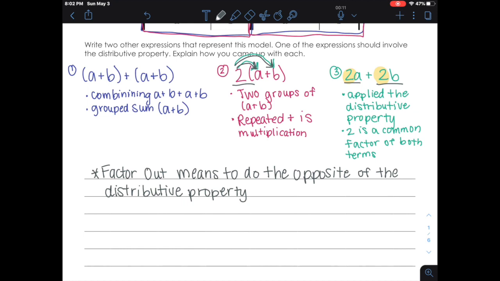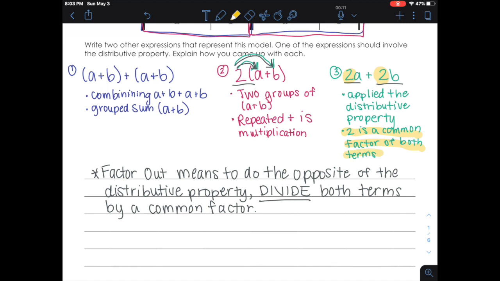So I get 2a and 2b. Okay, but for factoring something out, instead of multiplying, you're going to be dividing. So we'll divide both terms by a common factor, which is why I pointed out the common factor of 2 on our third expression, where they both have 2 in each term. So let's go ahead and move on.